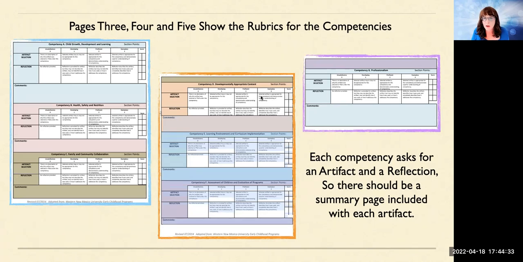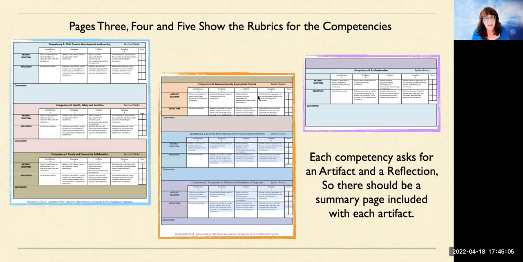So again, an artifact is something that you bring from one of your courses, and DAP, or developmentally appropriate practice, is included in most of the early childhood classes. So you will be able to bring an assignment, something you did in a classroom, a lesson plan, a paper you wrote. All of those things can be included in your portfolio.